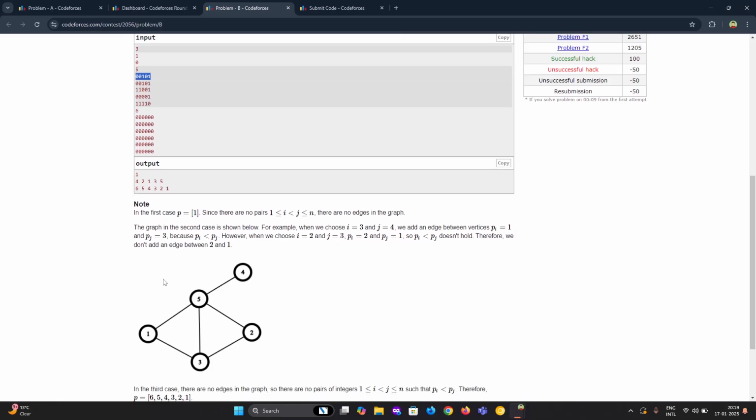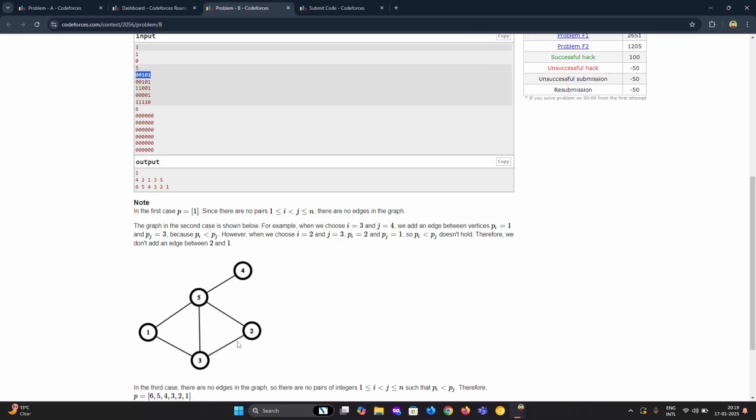How do we solve this? So here we can see that 1, 3 and 5 are after it in the permutation. Then we go to 3. There is no edge that is greater than 3 and connected to 3. So what does that mean? I don't know.